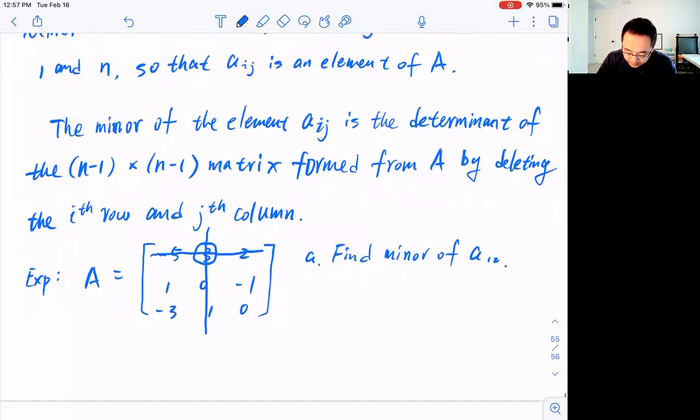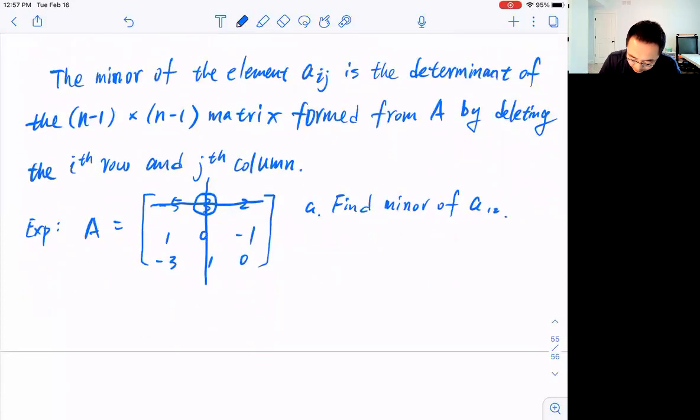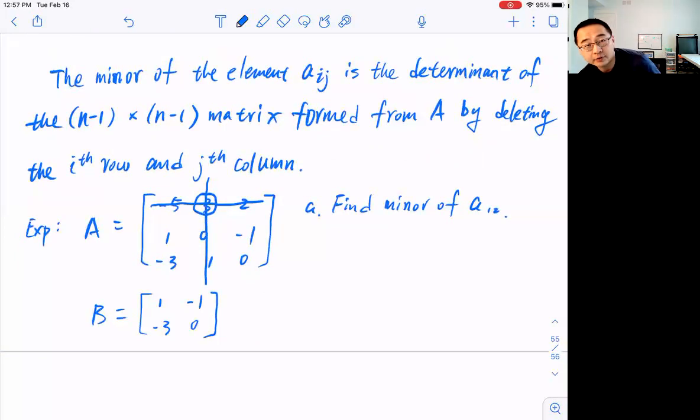So you get an alternative matrix. Call this B. Now B is 1, -1, -3, and 0. So that's what's left of A, and A is no longer 3 by 3, now it's 2 by 2. So according to our definition, the minor of A1,2 is the determinant of B, right?